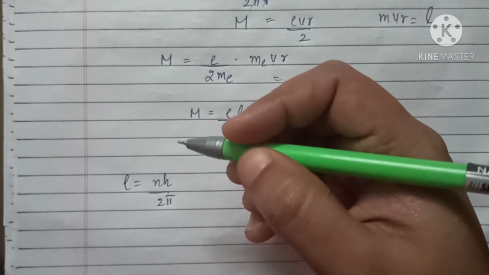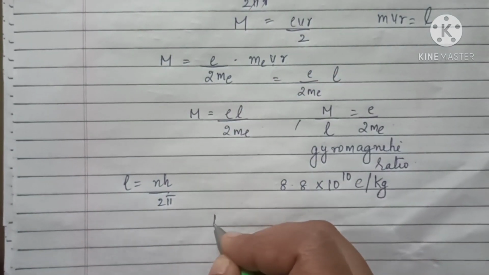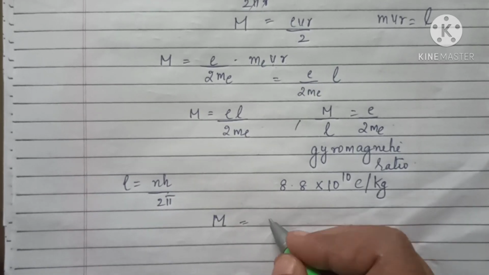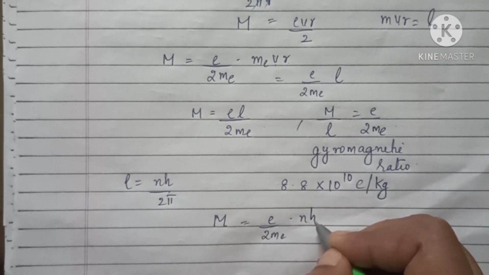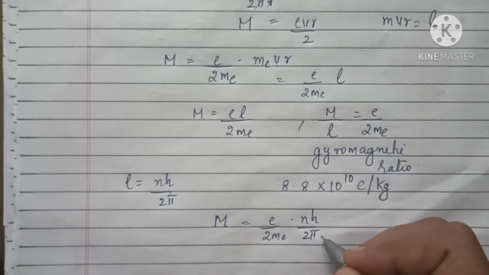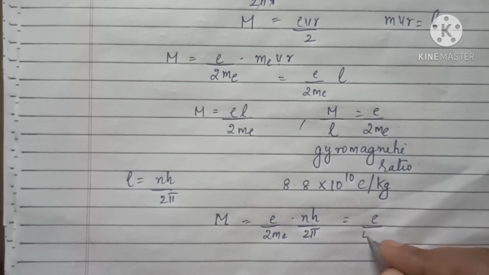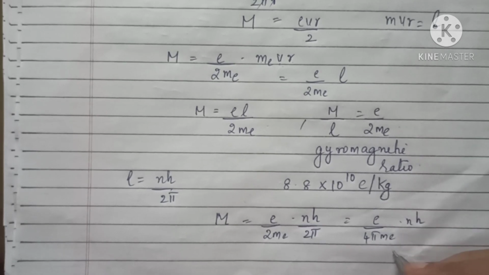So magnetic moment m is equal to e by 2me into nh by 2 pi. Instead of L, I put the value nh by 2 pi. Again simplifying, e by 4 pi me into nh.